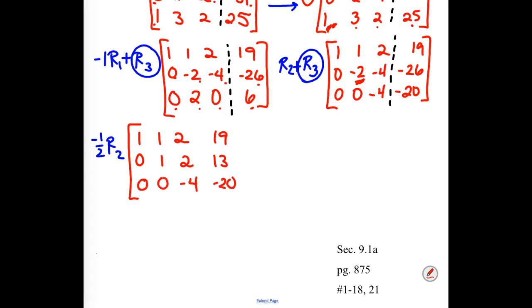Now, we're almost done. What do we have to do to get row 3, or column 3, sorry, to be right? And we don't talk about it as dividing by a negative 4, but same effect. Multiply by negative 1/4. Okay. So, negative 1/4 times row 3.